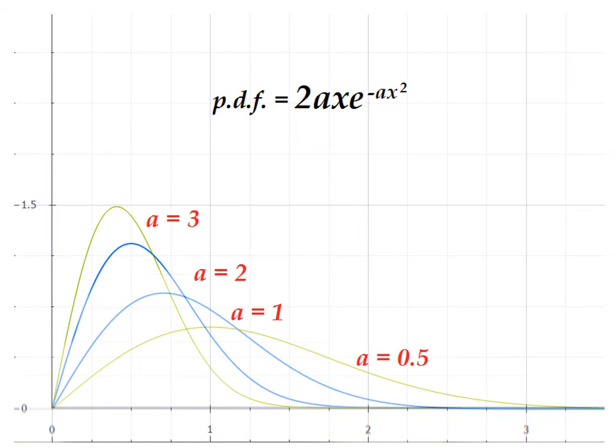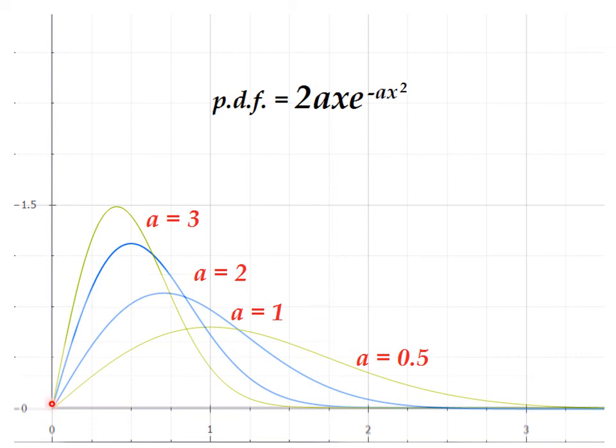Okay, our new probability density function, 2a times x times e to the negative ax squared, is given graphically for different values of our parameter a. Let's look at this. For a equals 3, we have this, a high hump, highly skewed to the right as it approaches the asymptotic x-axis.